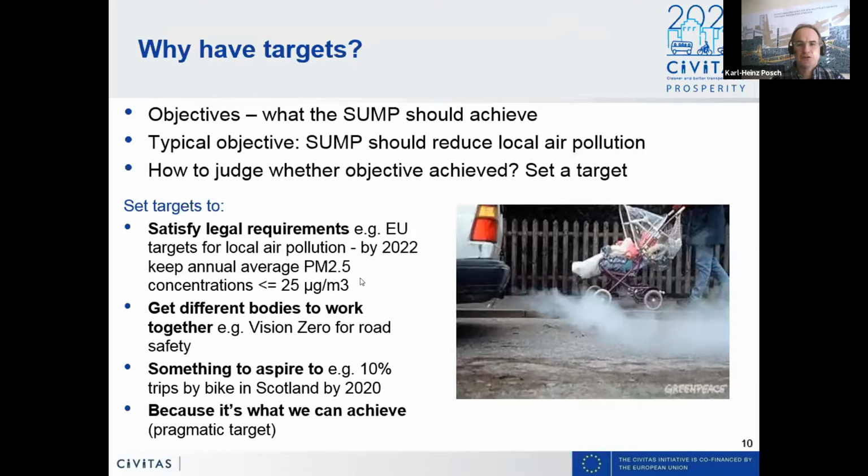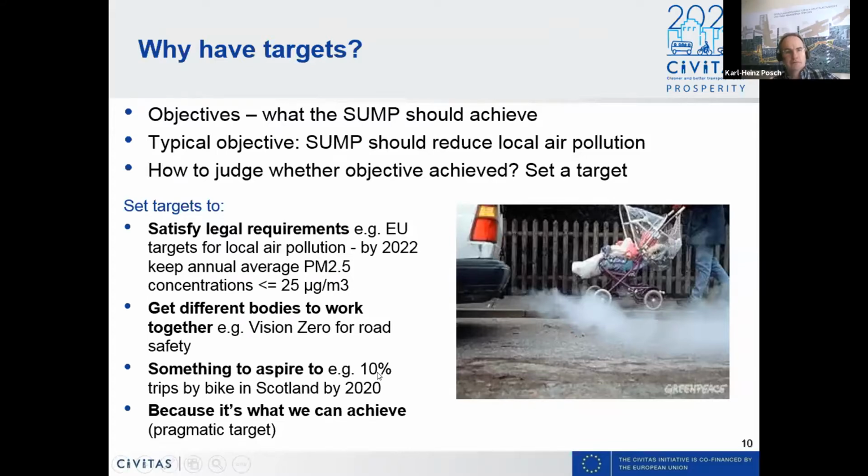Scurry, I have a question. So if you say objective, it's more general, and target is more specific, right? Well, a target measures the achievement of the objective. So, I mean, in this case, something to aspire to. Yeah.